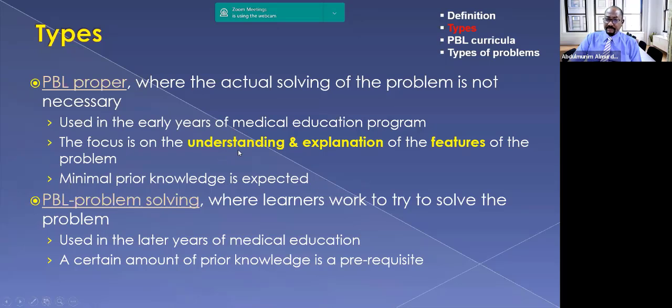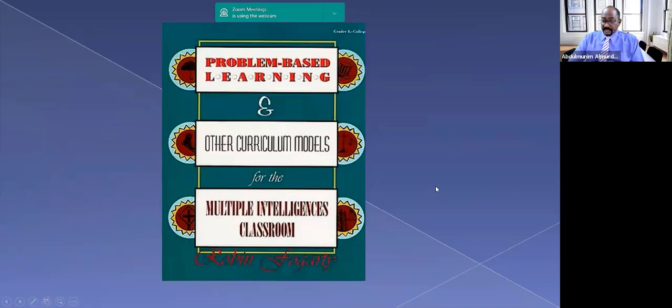So we have two types: the PBL proper, in which minimal prior knowledge is expected, and it is used early in the curriculum, while problem-solving is usually used a little bit later. Later can be any time, starting from second year up to sixth year. Now, these are the two different types as far as the process is concerned.